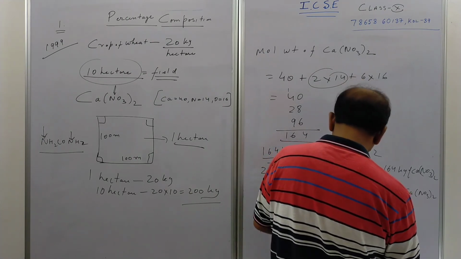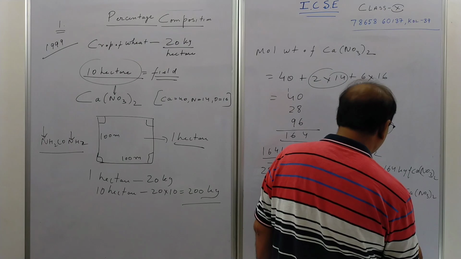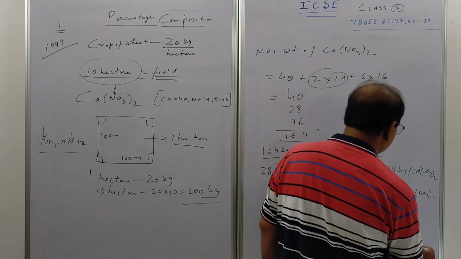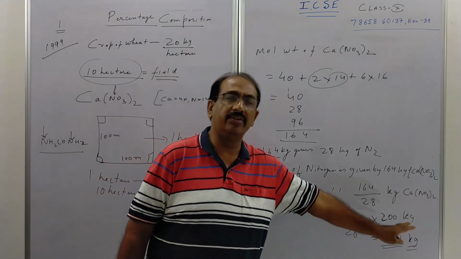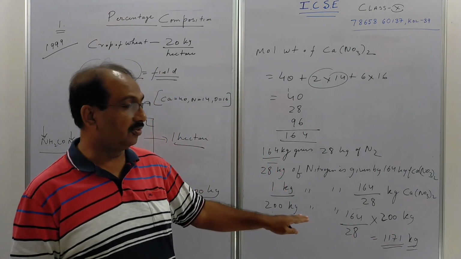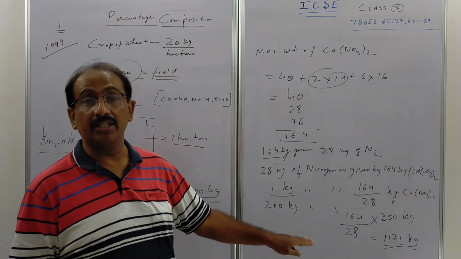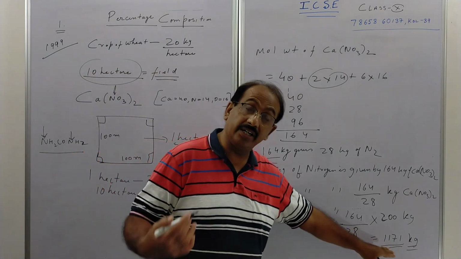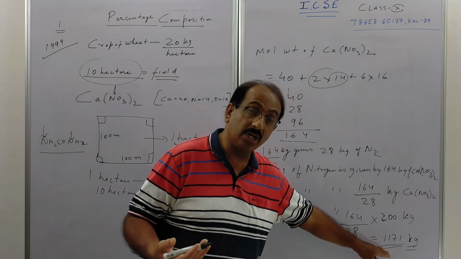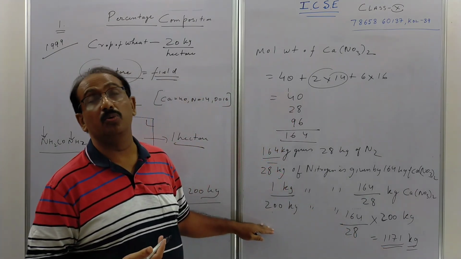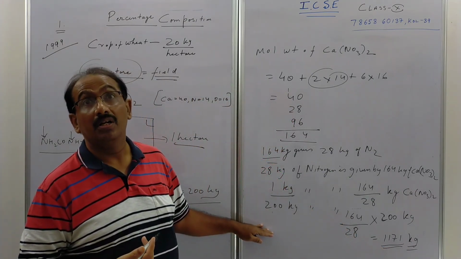If you solve this, you will get roughly 1171 kg of calcium nitrate. If you take that, it is around 6 times more calcium nitrate you have to take so that you get 200 kg of nitrogen.